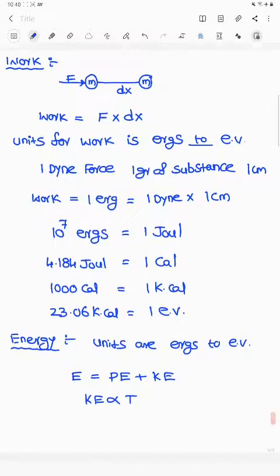Next one, it is a very important one, first law of thermodynamics, or it can also be called the law of conservation of energy.